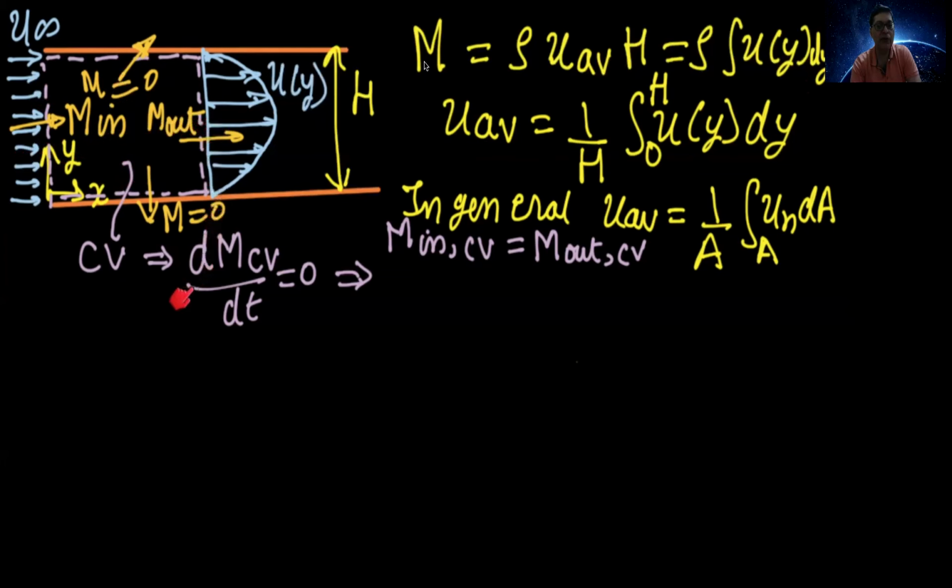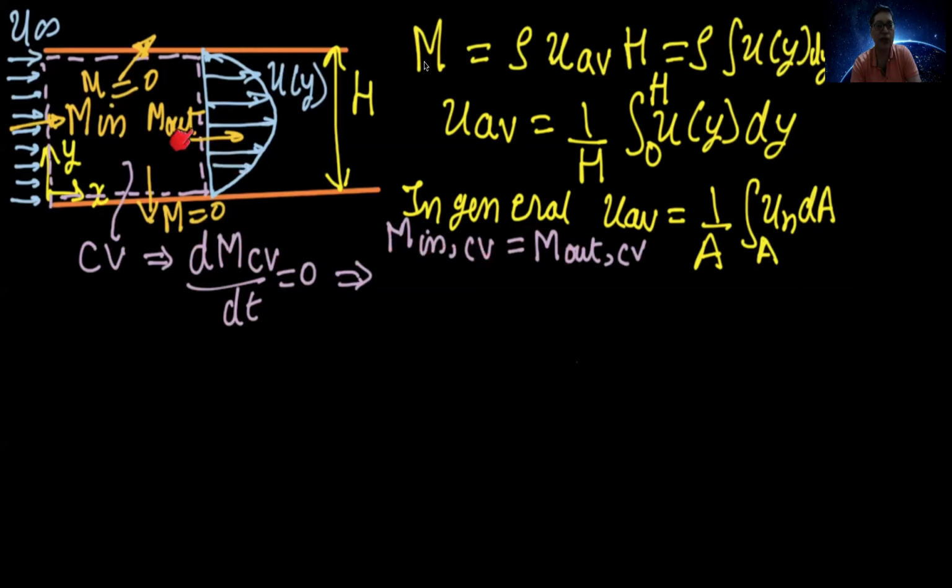For a steady flow, the term dm control volume by dt is equal to 0, and our general expression is dm control volume by dt equals mass flow rate entering minus mass flow rate leaving. So if dm control volume by dt is 0, then the mass flow rate entering and the mass flow rate leaving should be equal.